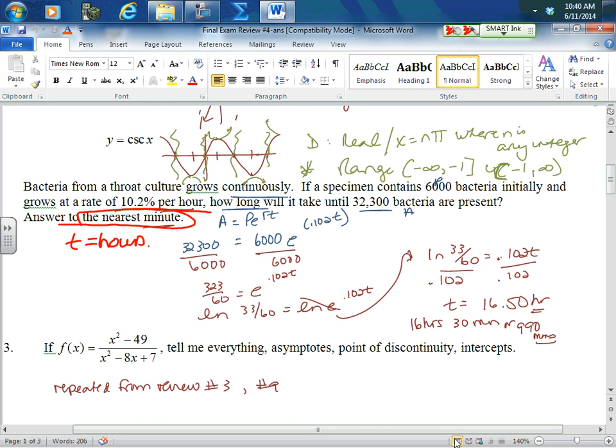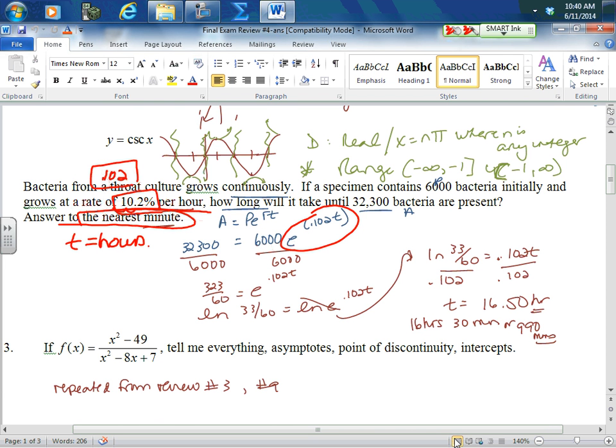Your rate, even though it has a decimal, you have to move the decimal 2 places and convert it to a decimal. When you figure out your time, remember this exponent only belongs to the 8. So don't multiply it by the 6,000, divide by the 6,000 to isolate your 8.